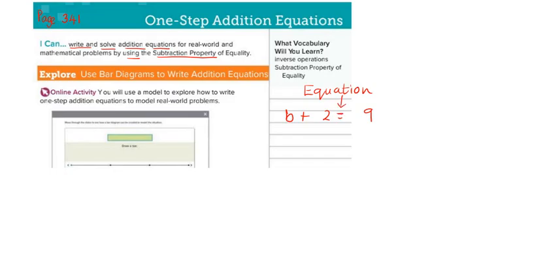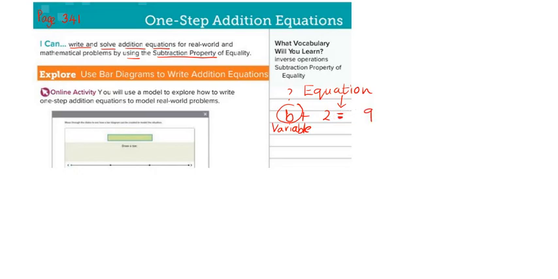The letters represent a missing number. They are called the variable. You can use any letter of the alphabet to represent something that you don't know. So this reads as: what number plus 2 is equal to 9?